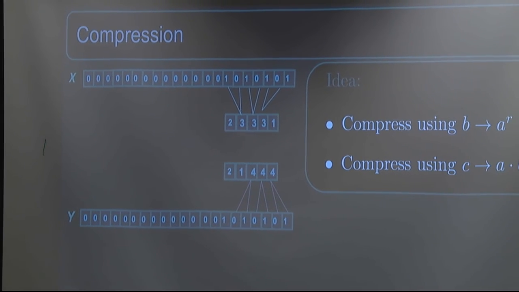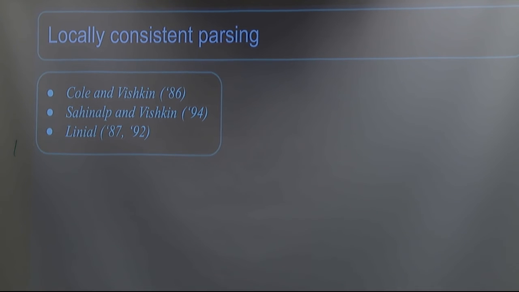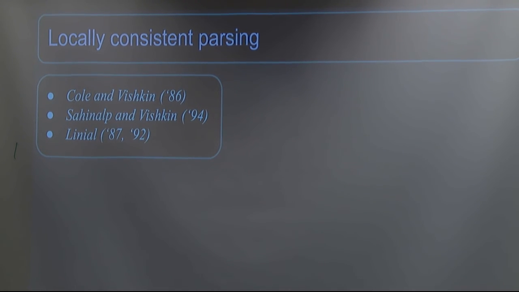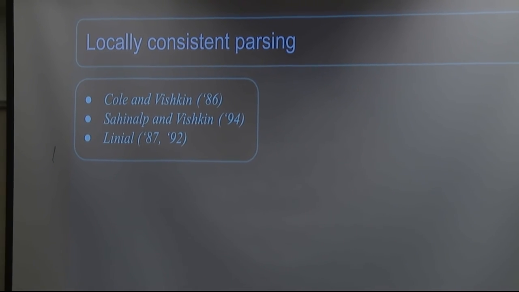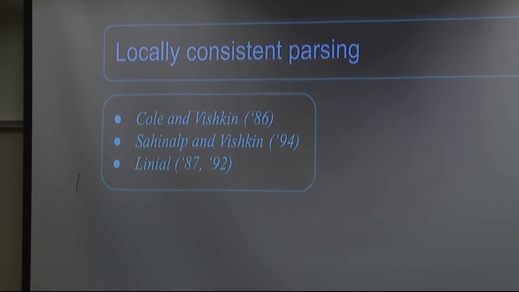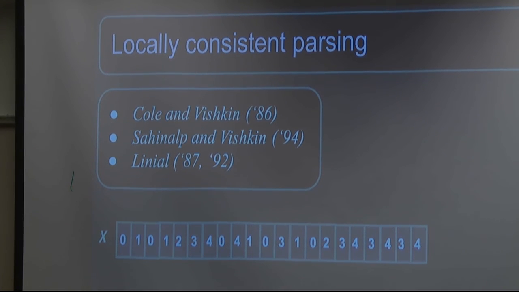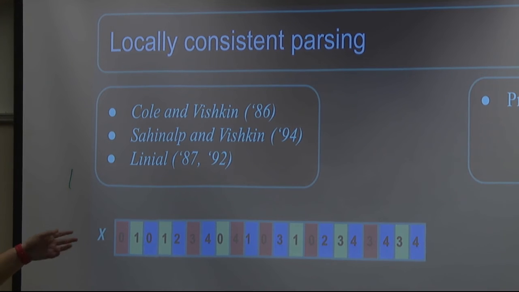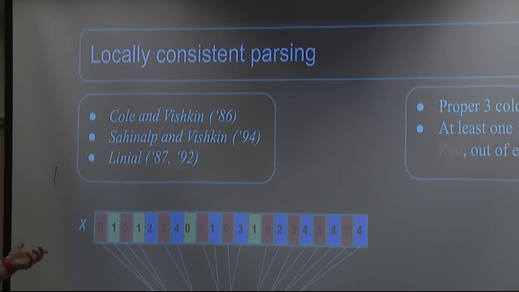For this consistent pairing, we use the locally consistent parsing technique, which has been studied for a long time, and it basically pairs the characters in a consistent way. I don't have time to show how, but just trust me that it pairs.